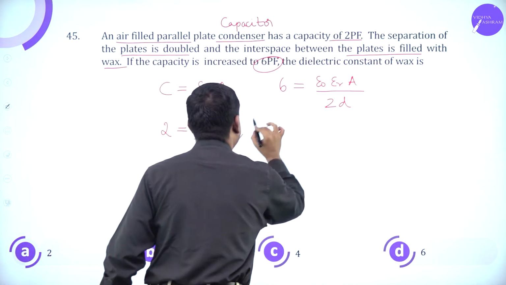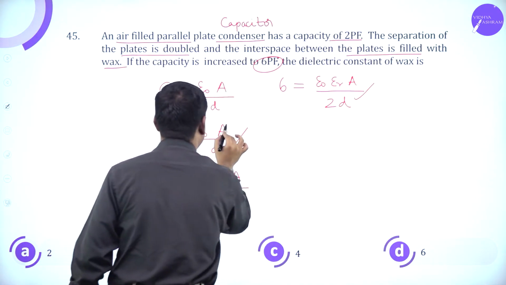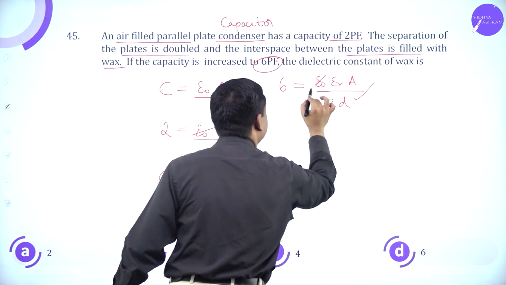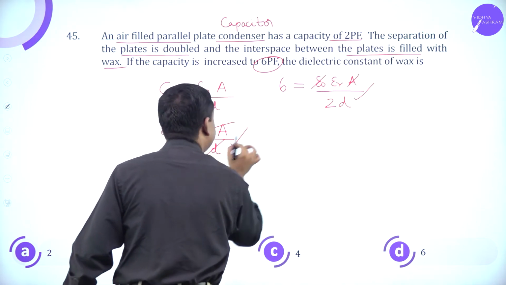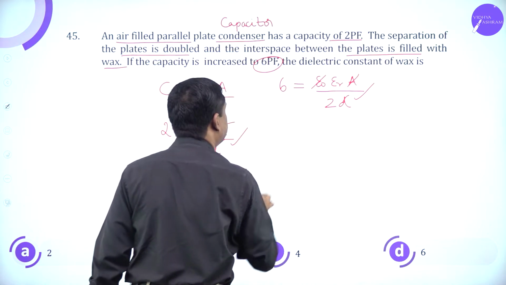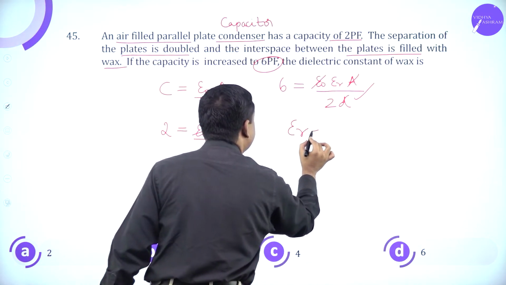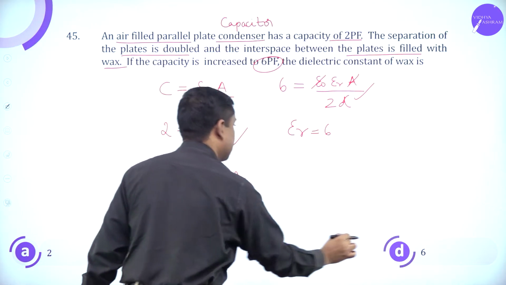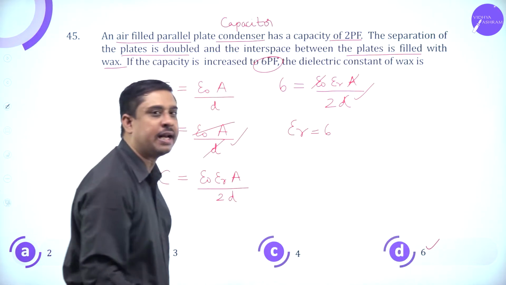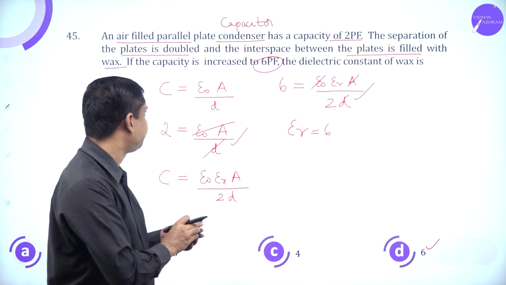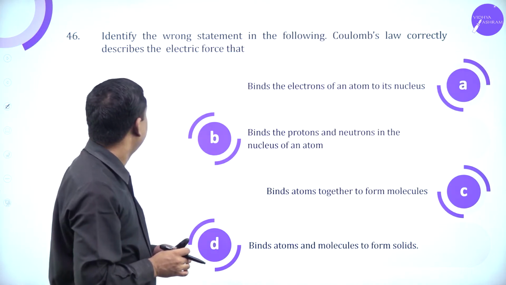Divide this expression, epsilon naught, A and D get cancelled. So you have a 2. So epsilon R is equal to 6. So the answer is the fourth one, which is 6.